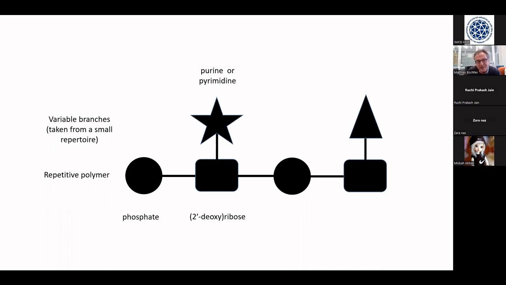And of course, in an original RNA world, or then in the modern biological world with DNA as the information carrier, you have the backbone with the phosphates and either riboses or 2' deoxyriboses, and then the bases are based on purines and pyrimidines. But of course, these are a lot of special choices.